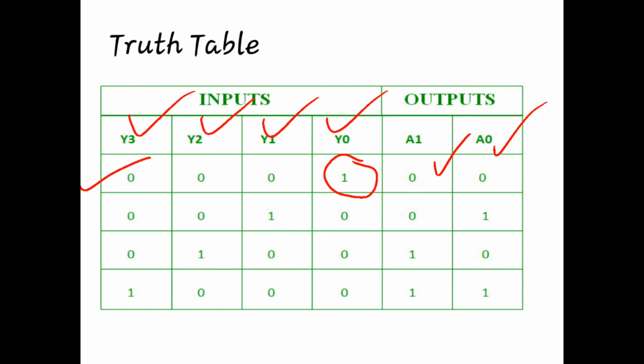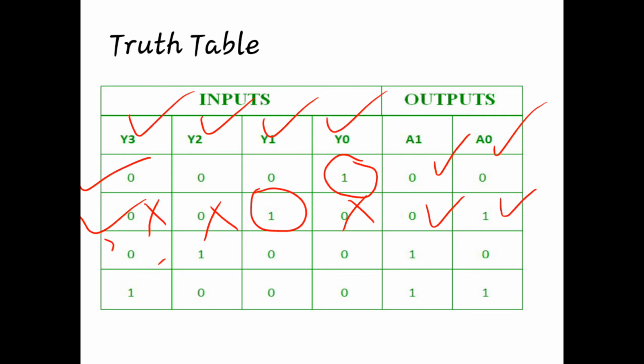Similarly, if we talk about the second row, the y1 line will be active by keeping other lines disabled, that is y0, y2 and y3 disabled. And the code over the two output lines, A0 and A1, is 0 and 1.